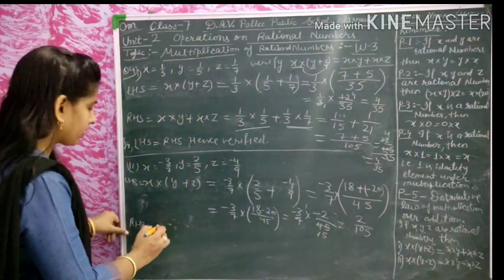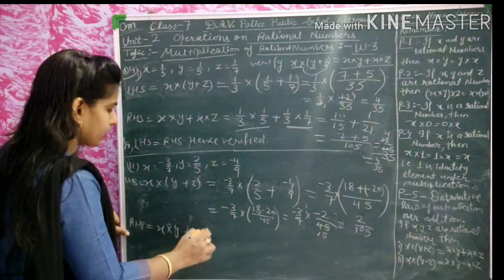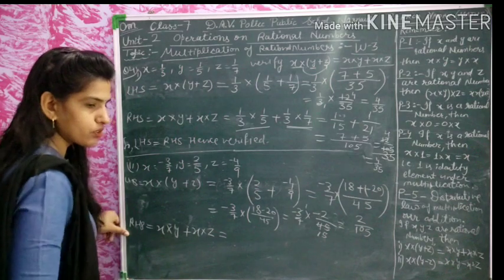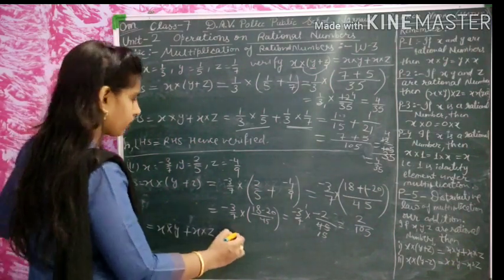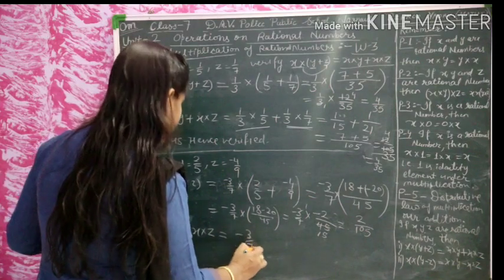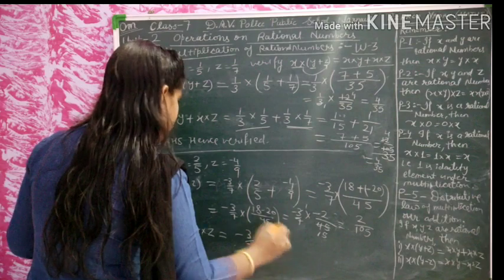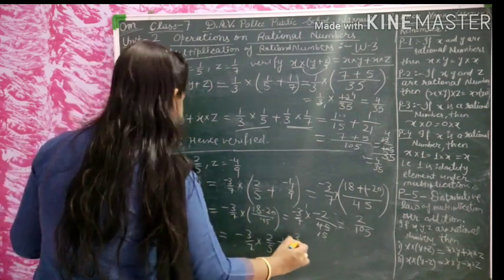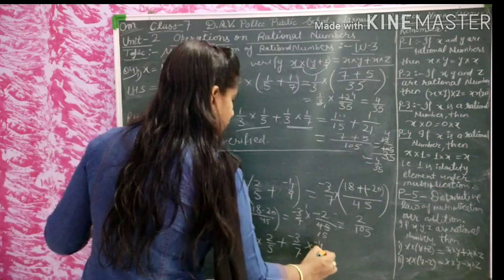Now again solving the RHS side, x into y plus x into z. So students, what is the x here? Minus 3 by 7 into what is the y here, that is 2 by 5, plus what is the x here, minus 3 by 7, and what is the z here, minus 4 by 9.